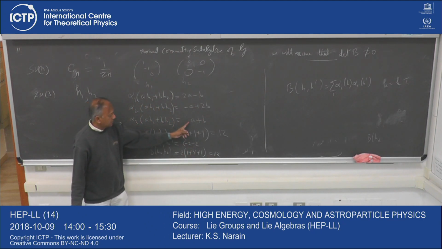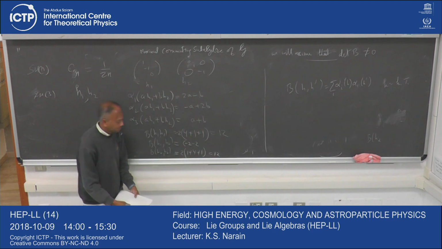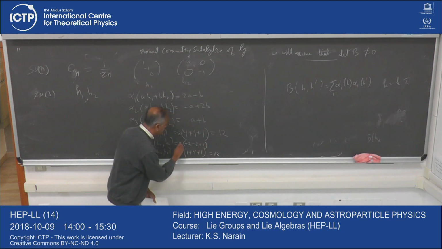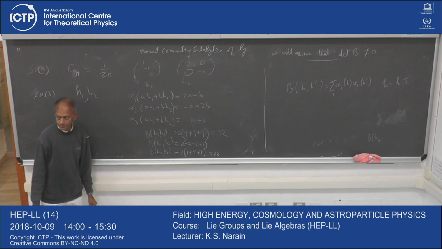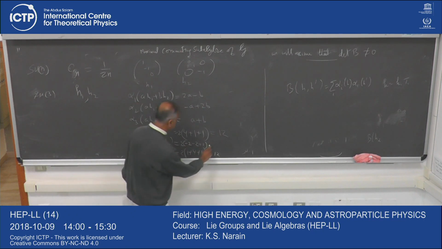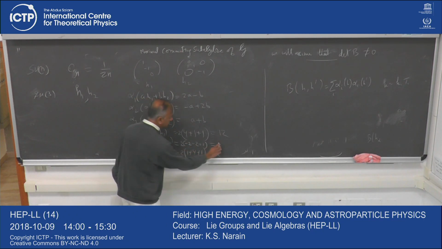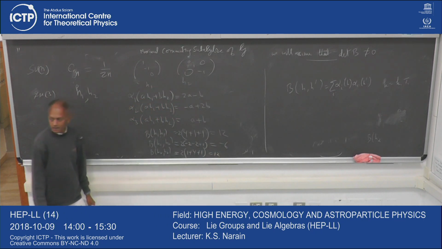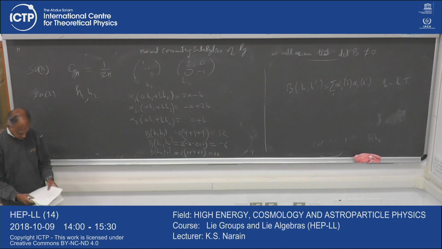And here 1 times 1, so +1. And again for the positive and negative roots, a factor of 2. So this is minus 3 times 2, which is -6. So this is the information we have.